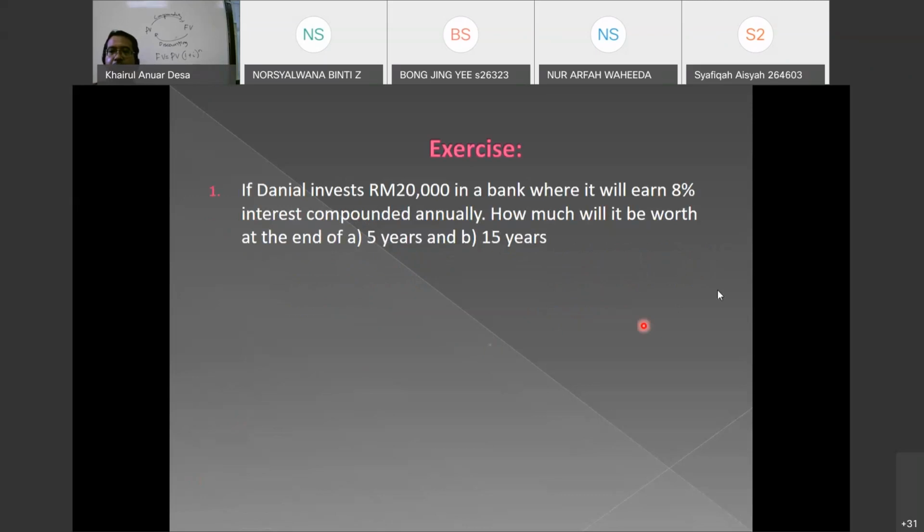Alright. Sekarang kita akan buat exercise. Daniel invests 20,000 in a bank where it earns 8% interest compounded annually. How much will this amount be worth at the end of year 5 and year 15?